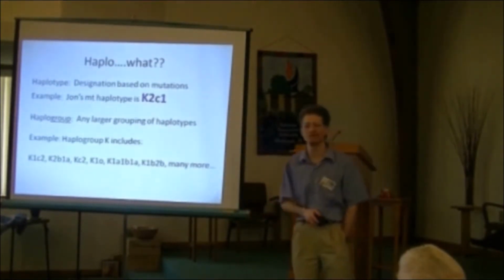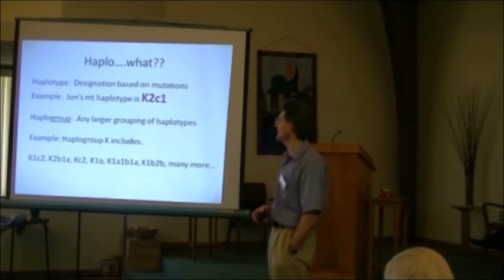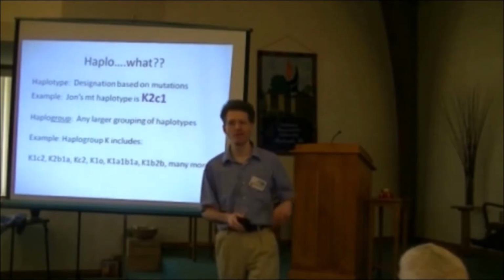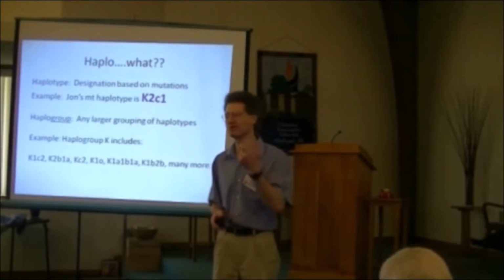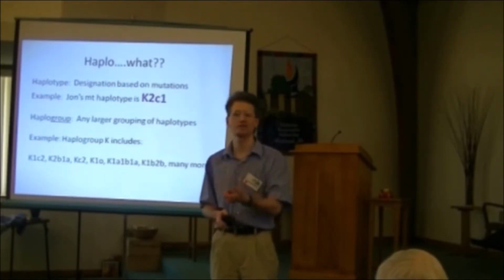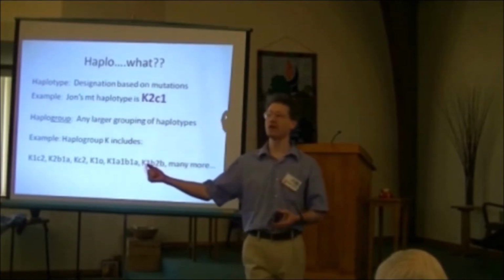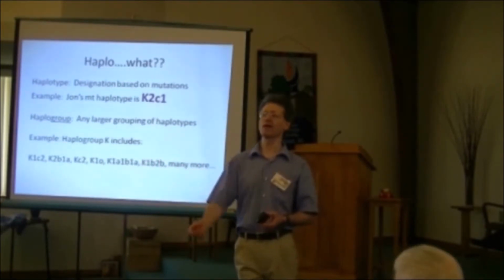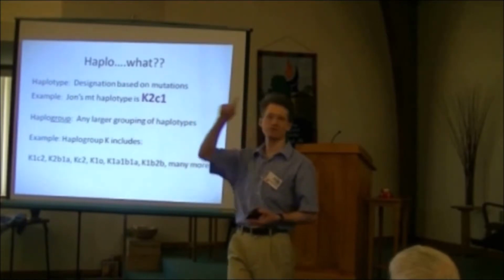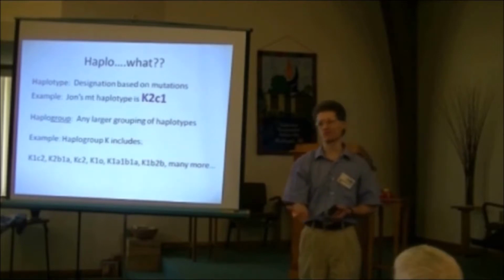Okay, haplo, what? Let me define some terms for you. Haplotype. Let's start there. A haplotype is just the name we give a certain set of mutations, a certain kind of mitochondrial DNA. So if you take a mitochondrion and analyze its DNA and say, oh, this is the one that I also tested over there, and I also tested over there, and found it there too, we should call it something, right?